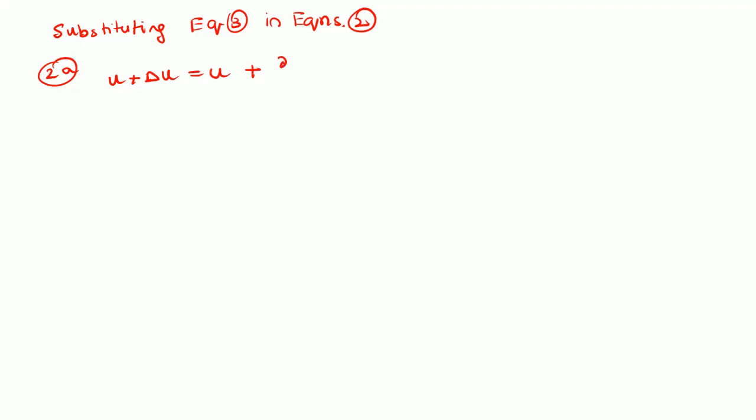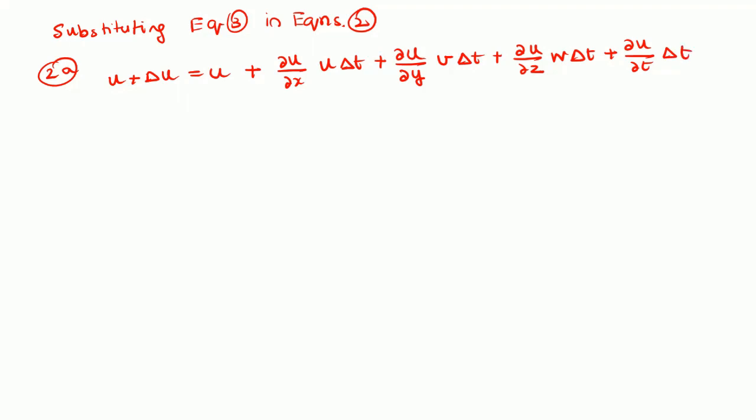Now here this would be dou u by dou x, and what was delta x? Delta x is nothing but u into delta t, plus dou u by dou y into v delta t, plus dou u by dou z into w delta t, correct, plus dou u by dou t, and there is always a delta t there. There is no x, y, z there, so we need not worry about that.